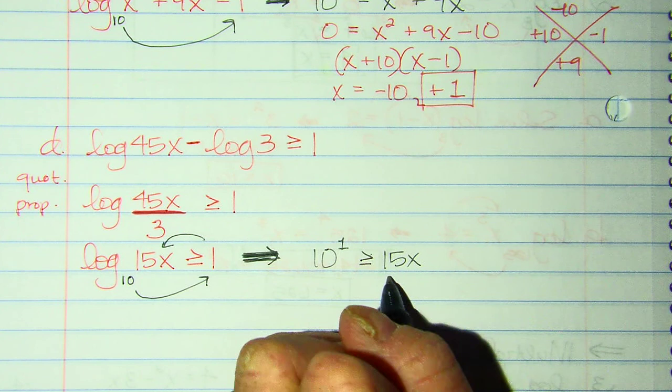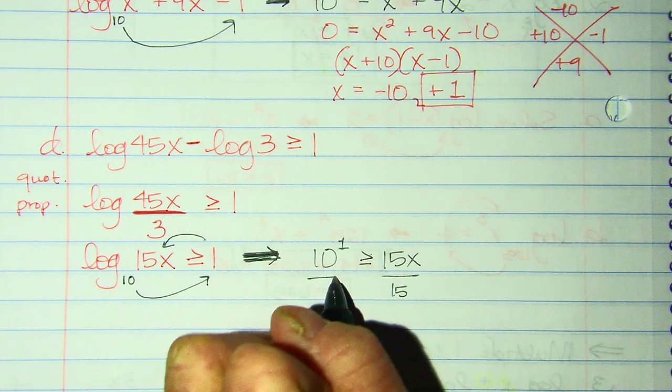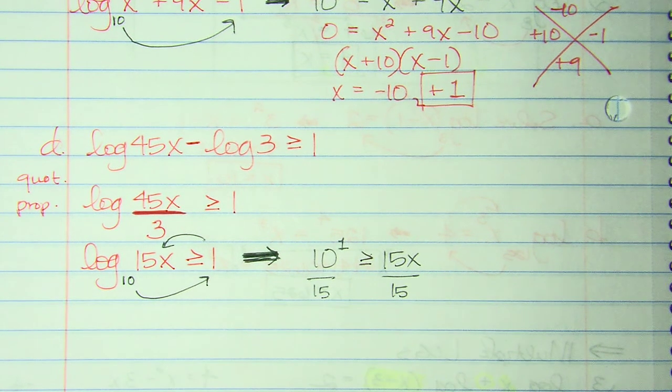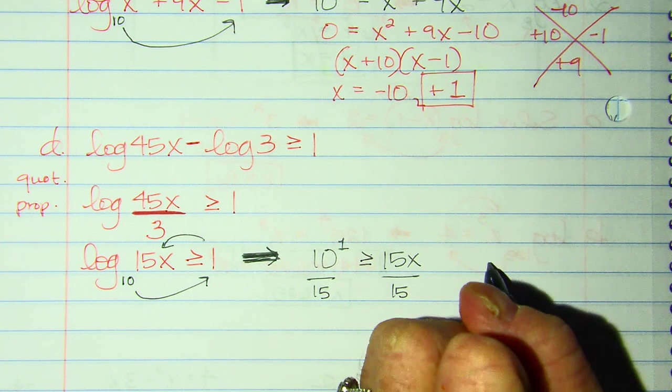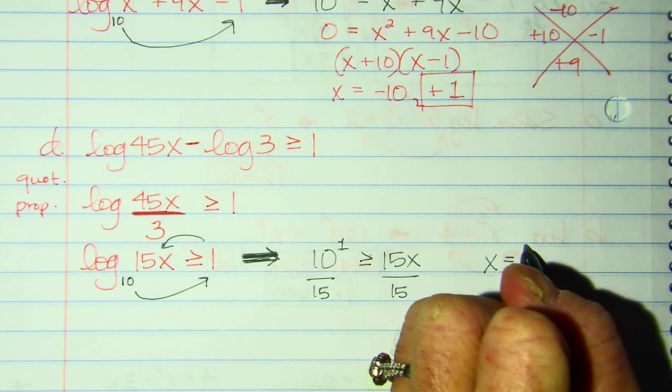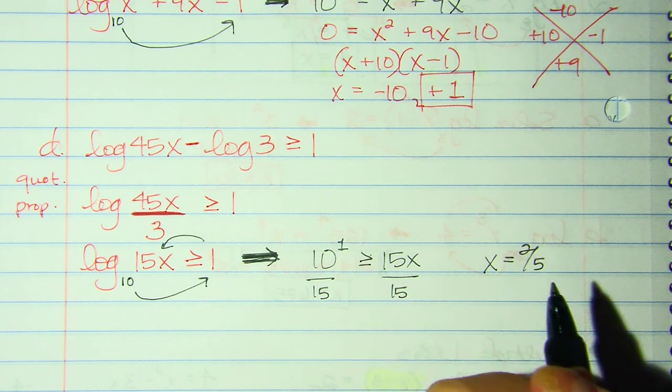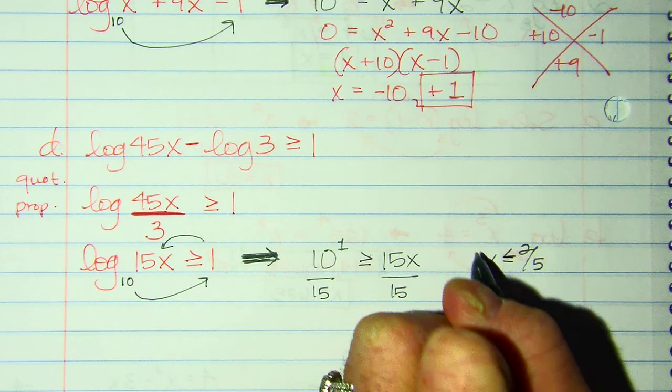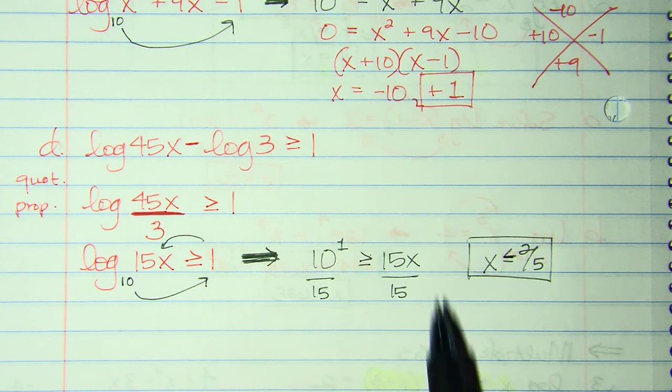So I'm going to divide by 15. And I get x is less than or equal to 2/5 because I switched how I wrote it.